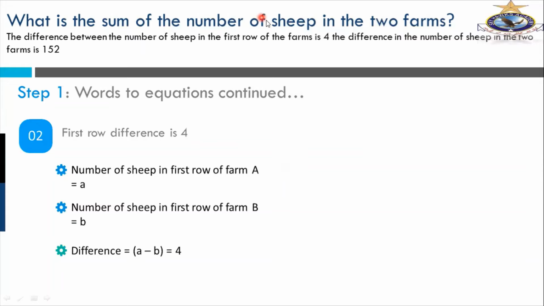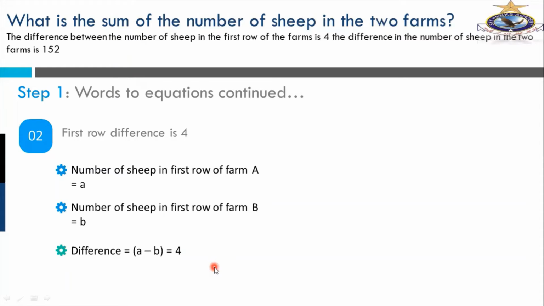Look at this: the difference between the number of sheep in the first row of the forms is 4. The difference in the total number of sheep in the two forms is 152. After doing this much, you can understand the clear-cut message from this information. What I mean to say is that the two forms are parallel.